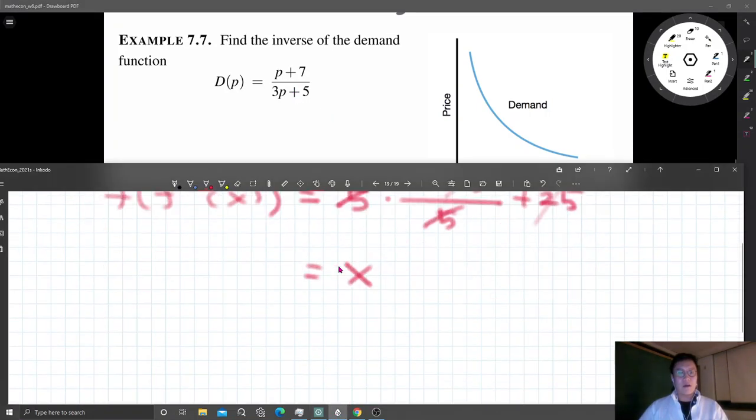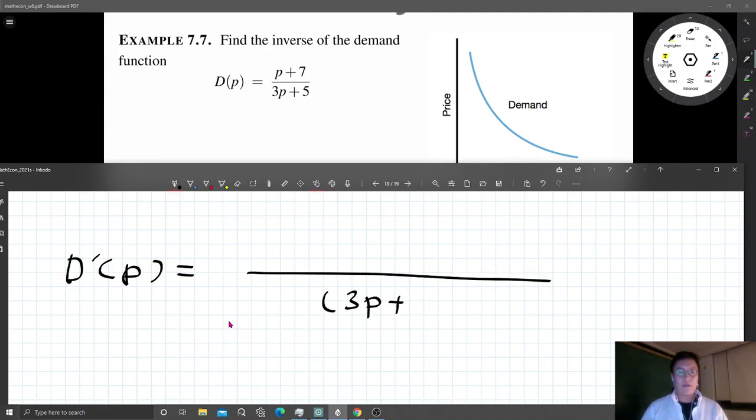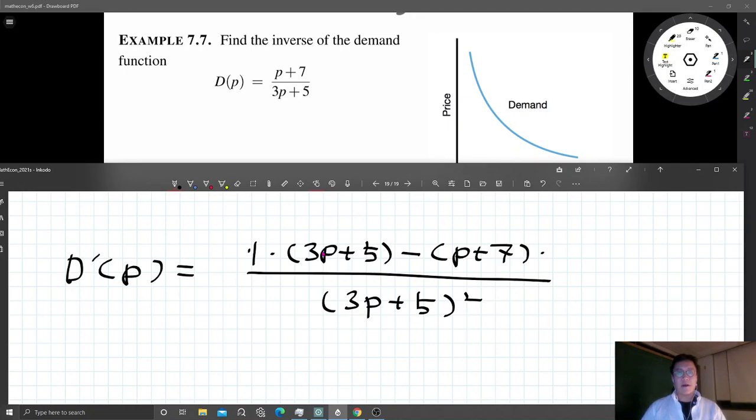Okay. So we find the derivative d prime, and by the quotient rule, on the bottom, we have 3p plus 5 squared. And on the top, the derivative of the top is 1: p becomes 1, 7 becomes 0. Then we multiply by the bottom, 3p plus 5, and minus p plus 7 times the derivative of the bottom, 3.